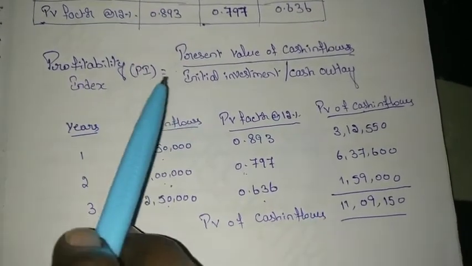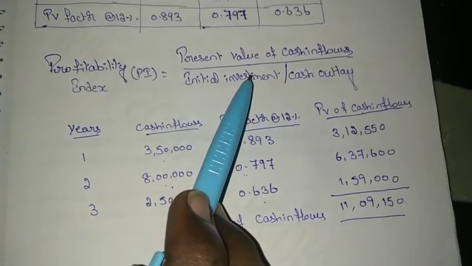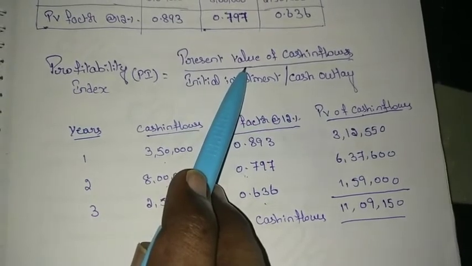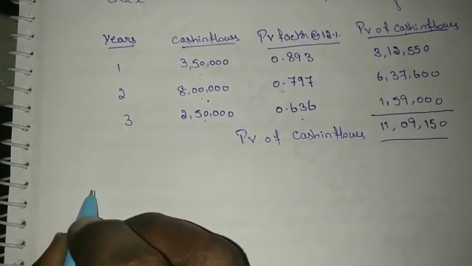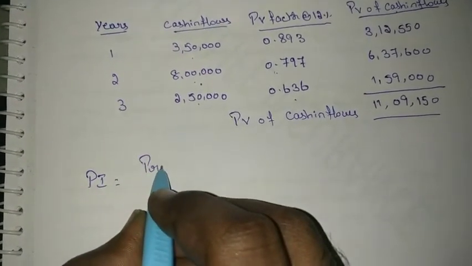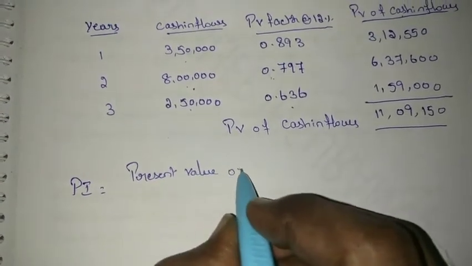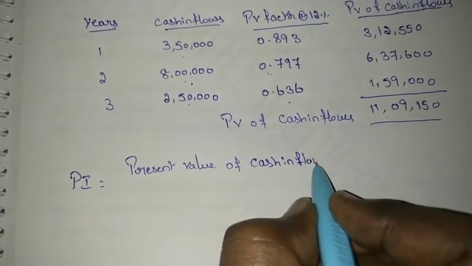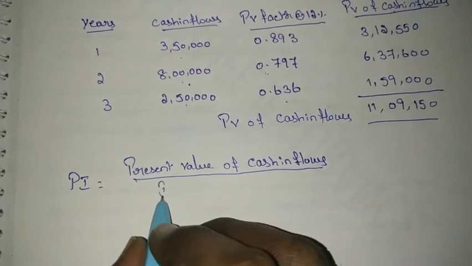According to the formula, you require present value of cash inflows and initial investment. Initial investment is already given in the problem, and we got the present value of cash inflows. Now apply the formula of profitability index: present value of cash inflows divided by initial investment.